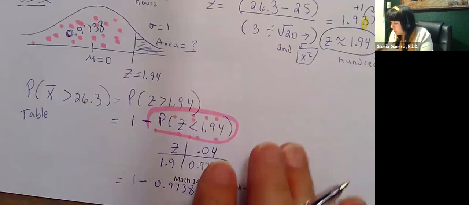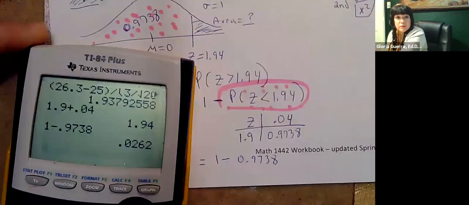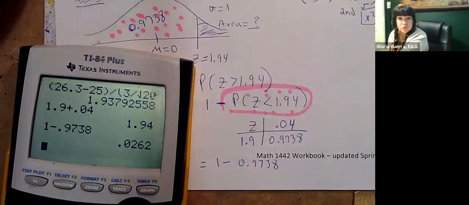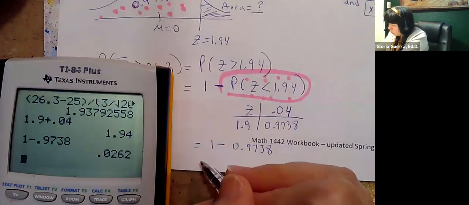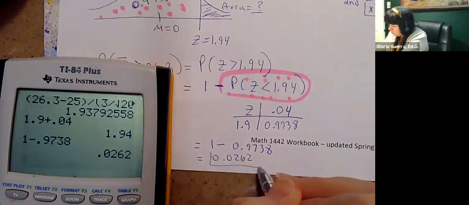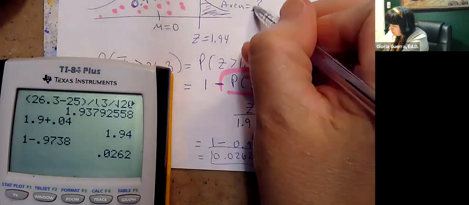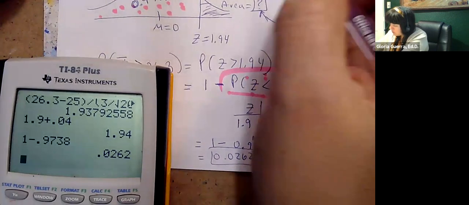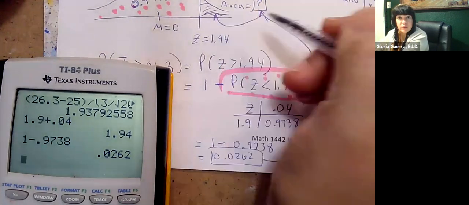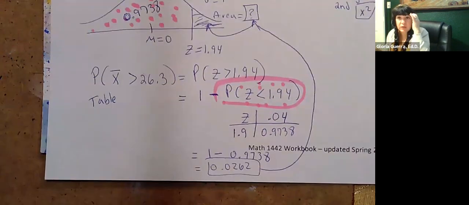So 1 take away 0.9738 is 0.0262. Okay, and that's what goes here. That's this area there. Now, that's using the table.